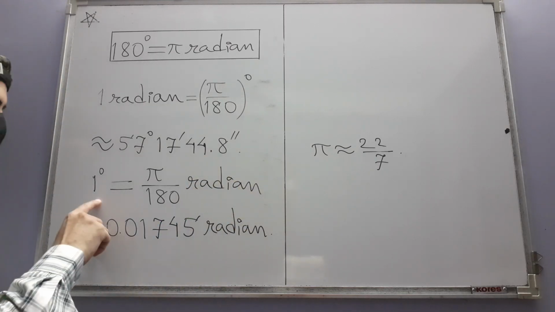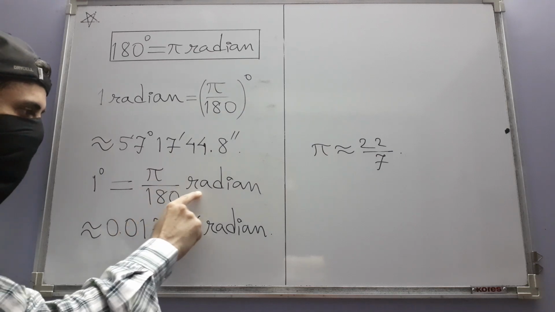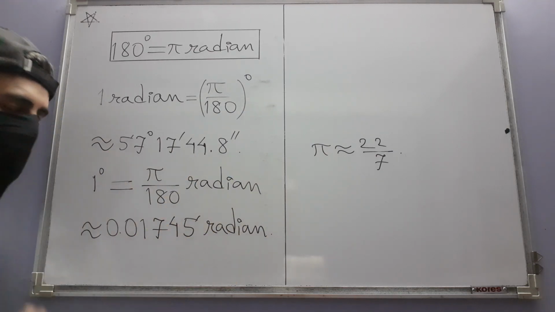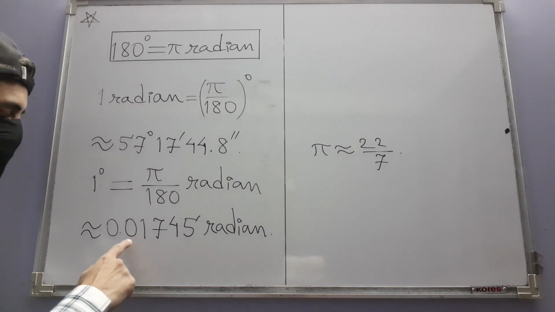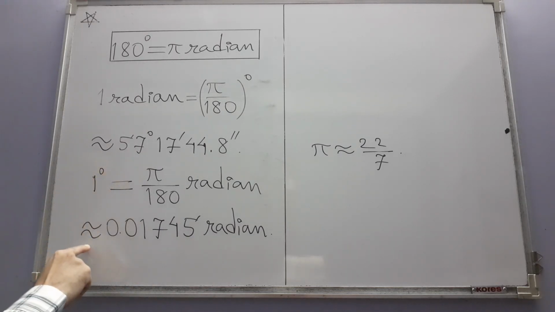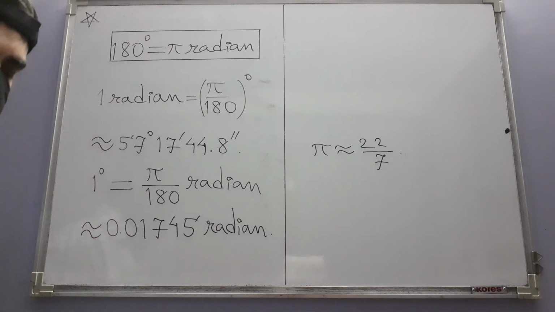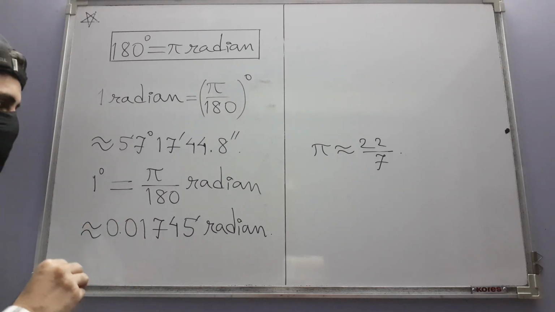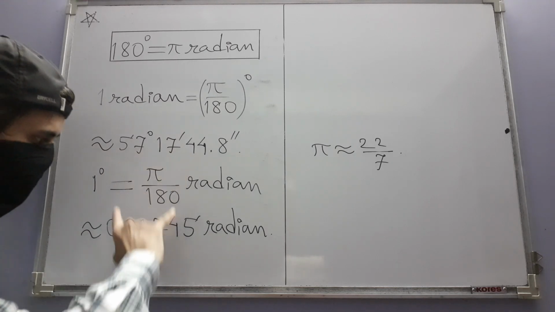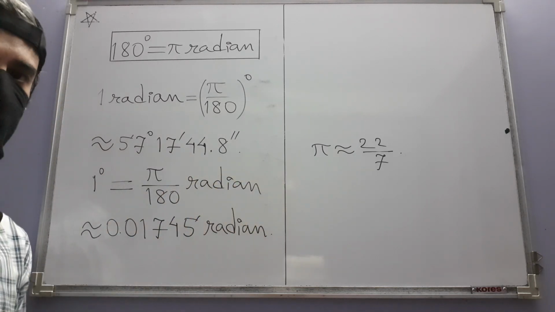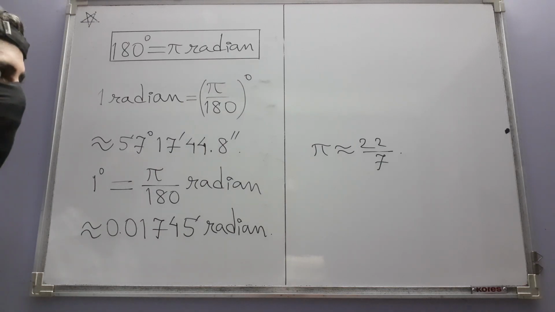Similarly, 1 degree is pi over 180 radians, which is approximately equal to this much radian, 0.01745. This is the symbol for approximately equal to. Now we of course are never going to use these values for our conversions from one unit into the other, but we will use this relation itself.